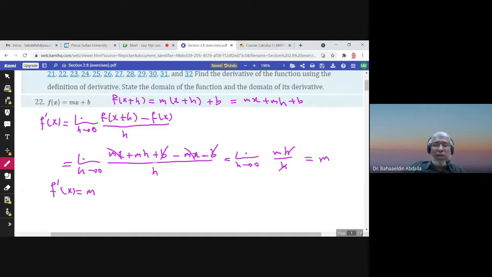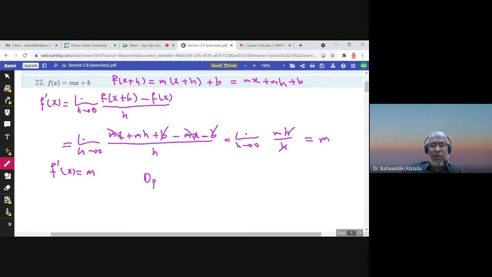So the domain of f is a straight line, so the domain consists of the set of all real numbers, and f prime is also a constant function. It's a constant function, equals m, y equals 2, for example, or 3 or 4. So it's a constant function, and the domain is also the set of all real numbers.